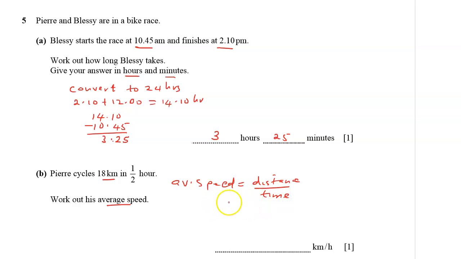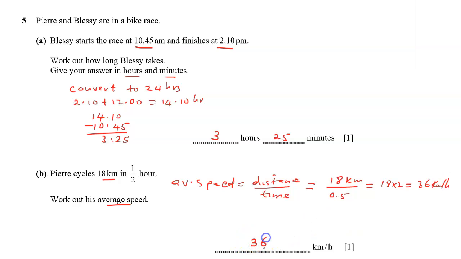We are told that the total distance Pierre traveled was 18 kilometers, and it took a time of half an hour, which is the same as 0.5. 18 divided by 0.5, you get 18 times 2, which gives us 36 kilometers per hour.